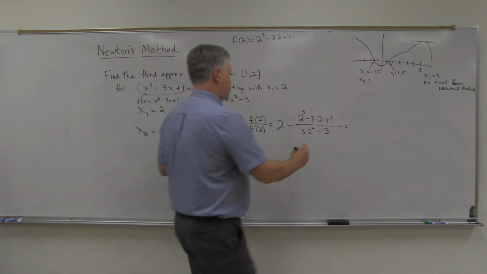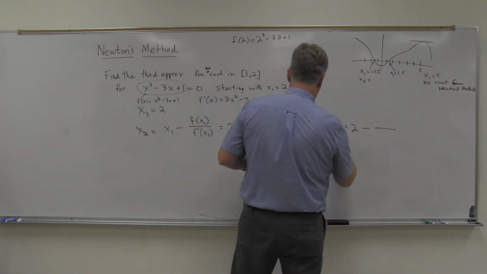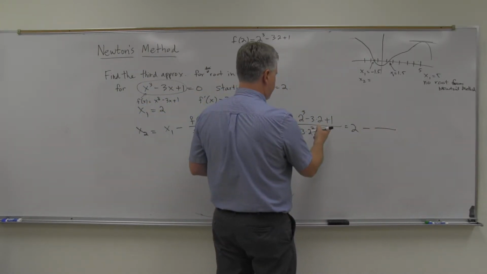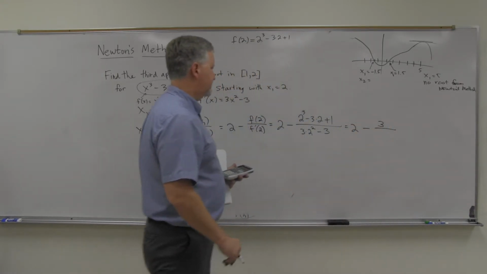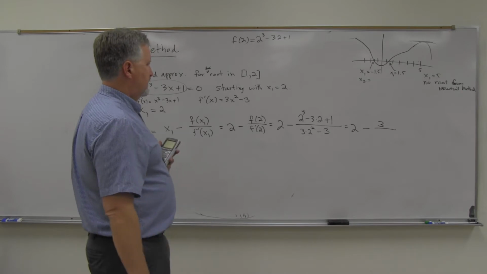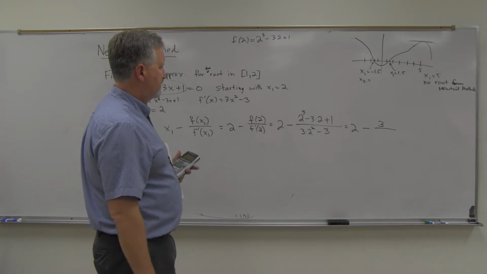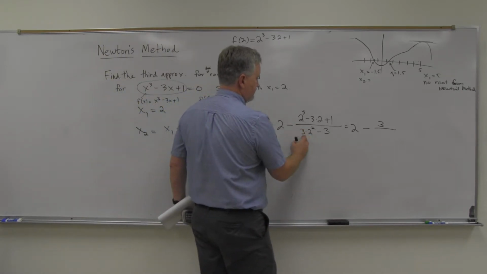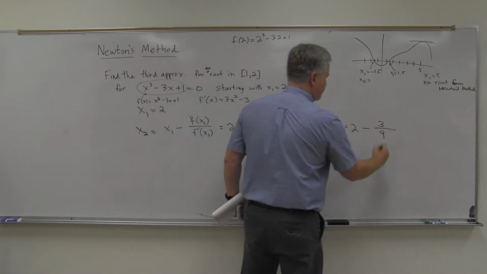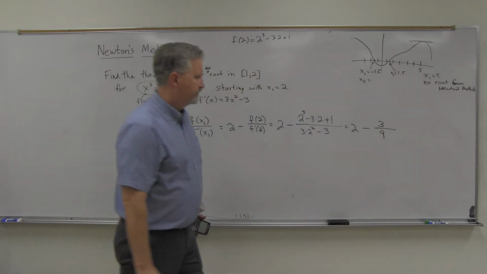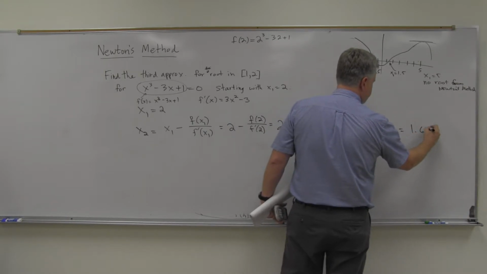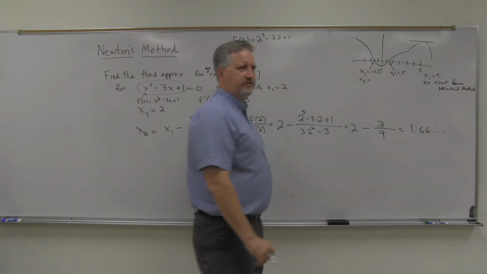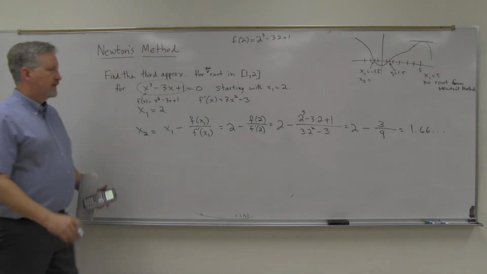All right, so what have we got? 2 minus, that would be 8 minus 6 plus 1, which is 3. Divide that by 3 times 4, so 12 minus 3 is 9, so 3 over 9. So 2 minus a third. It should be 1.6 repeating, because most of these that we get will be decimal forms.